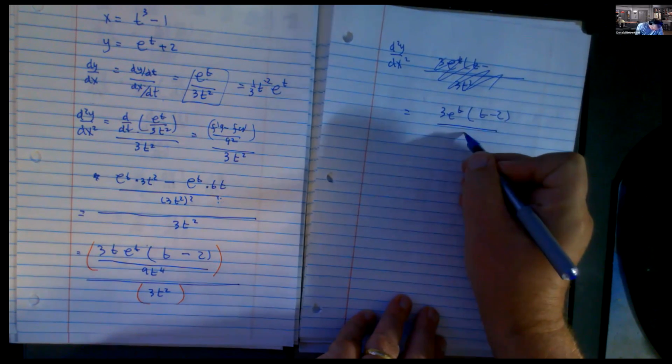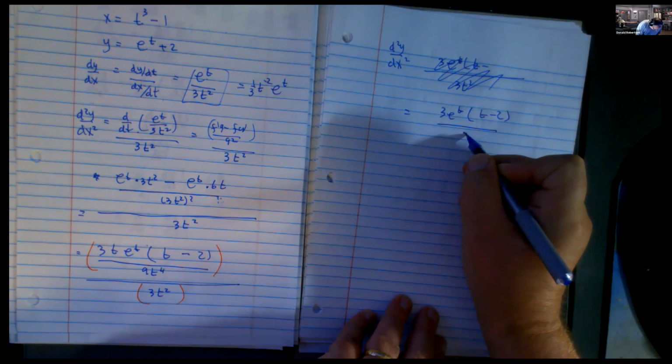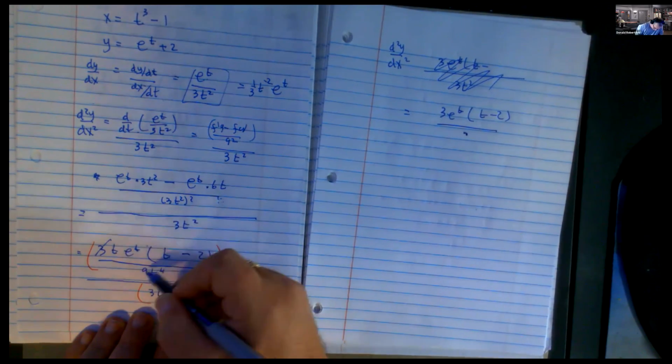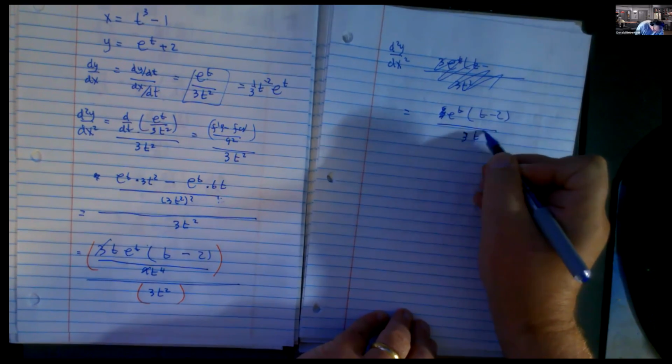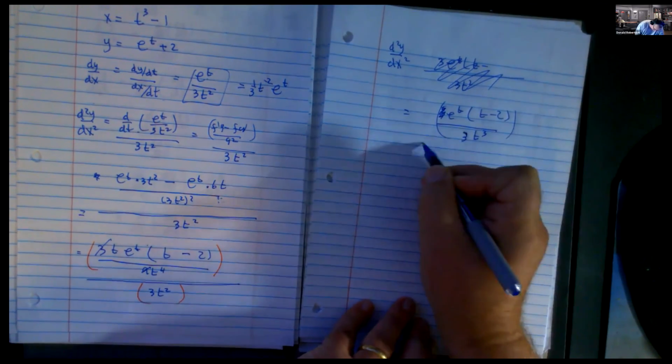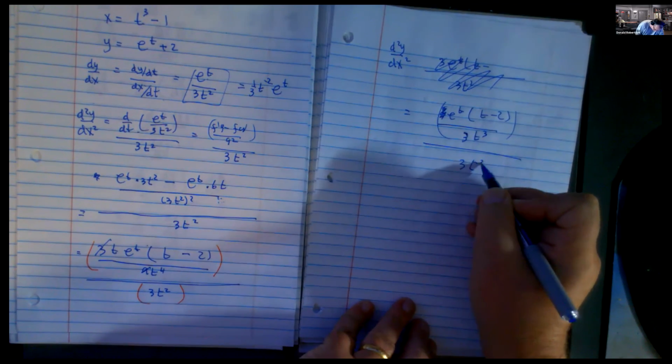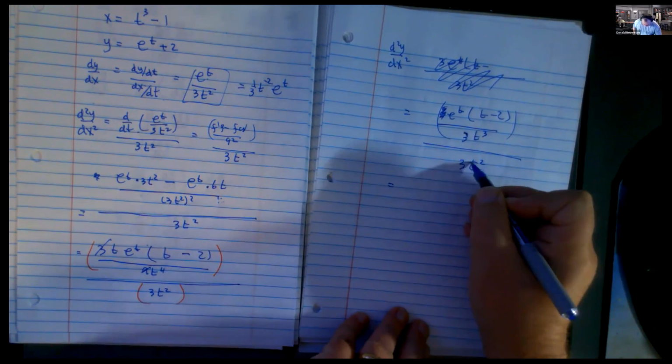I'm still going to have 3t cubed in the bottom, all over 3t squared. Okay, that helped.